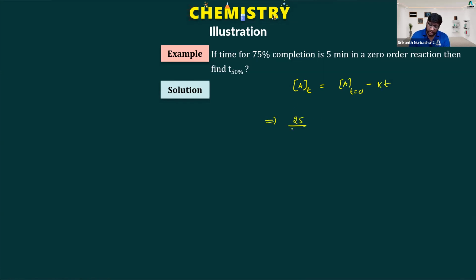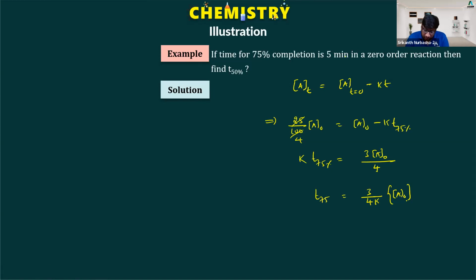So 25/100 into initial concentration equals initial concentration minus K into t 75%. So K into t 75% equals 1 by 4 times the initial concentration of A, that is t 75% equals 3 by 4K times concentration of A naught.